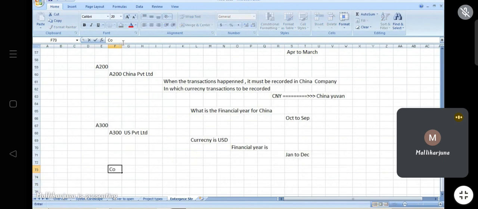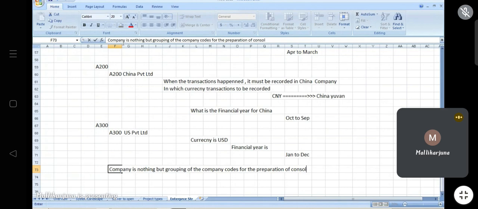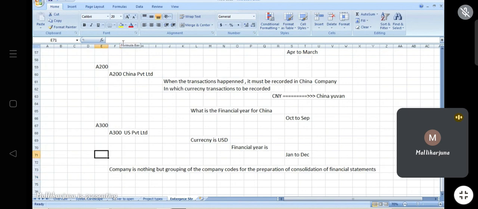Let's understand in layman language, we don't need accounting terminology. A company is nothing but a grouping of company codes for the consolidation of financial statements.